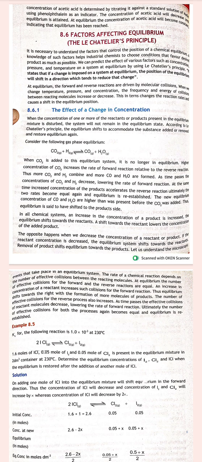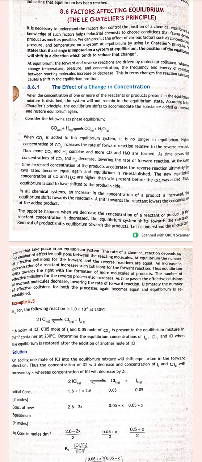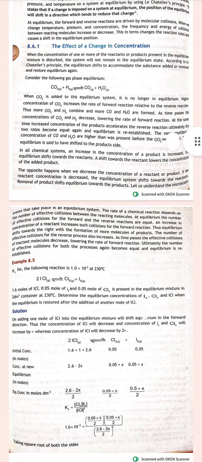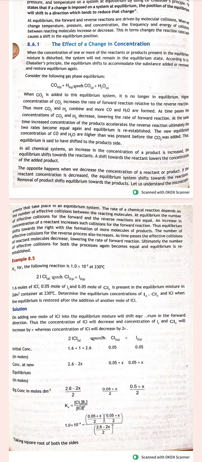This in turn changes the reaction rates and then causes a shift in the equilibrium position. So if the change is happening in the reactant, the reaction that is favorable is the forward reaction, and if the change is happening in the products, then the reaction will be in the backward direction, in order to resist the change.